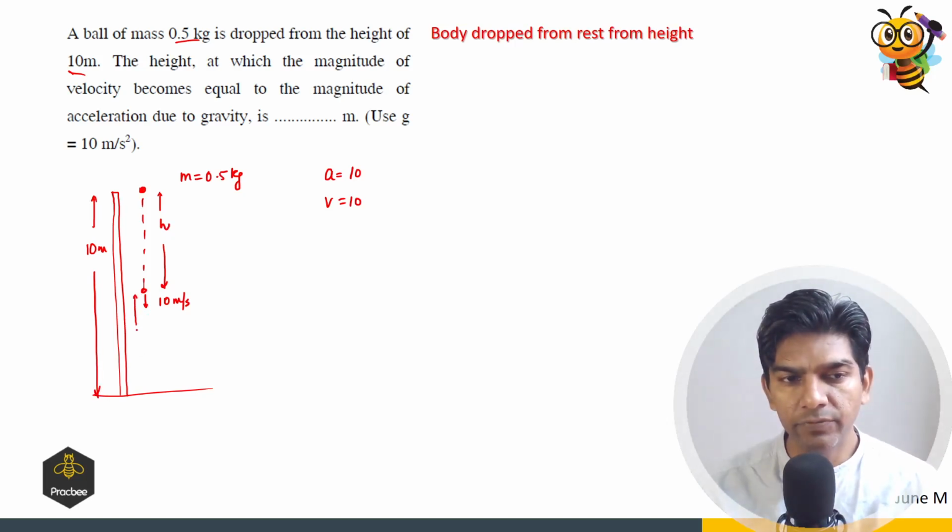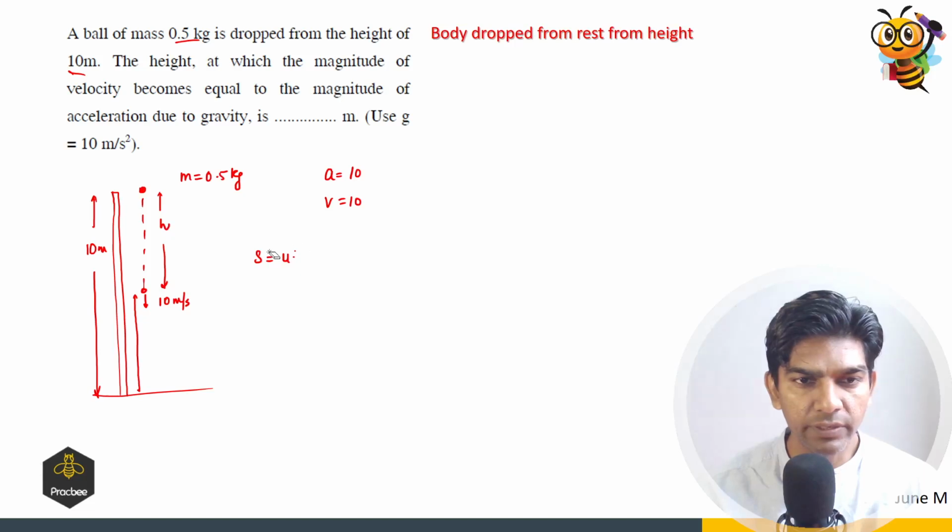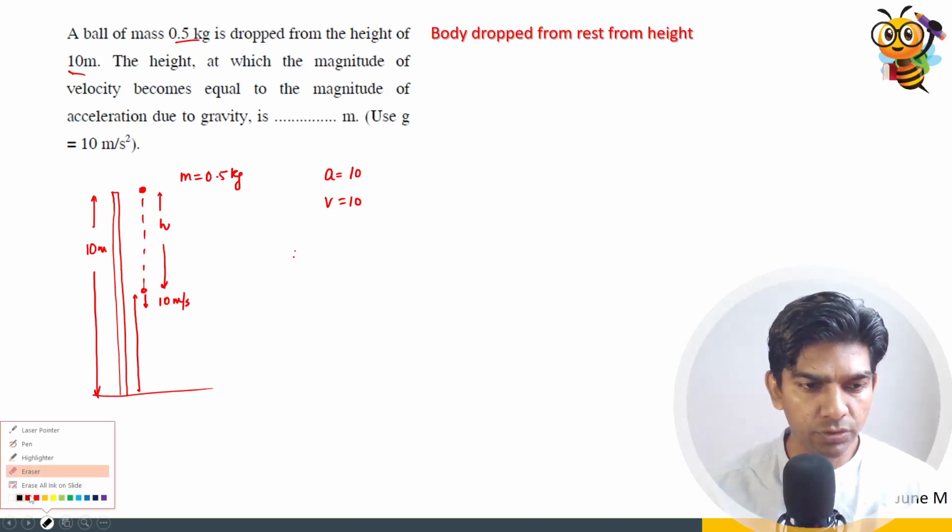We have to find the height where the velocity becomes equal to acceleration in terms of magnitude. So let us first find h. Velocity is given, right? So let us apply the third equation of motion. So v square is equal to u square plus 2as.